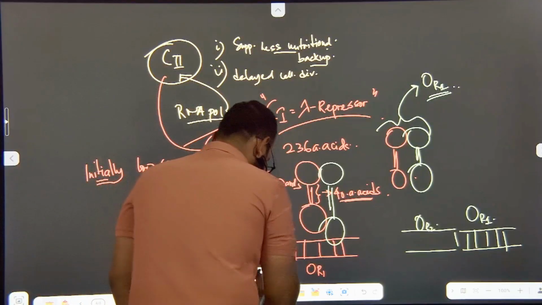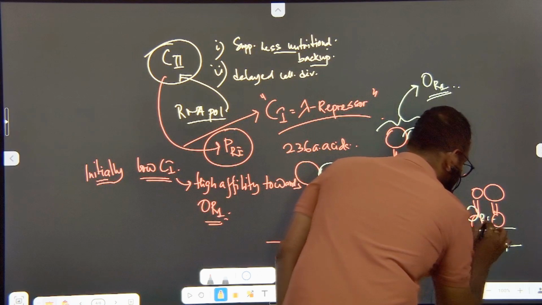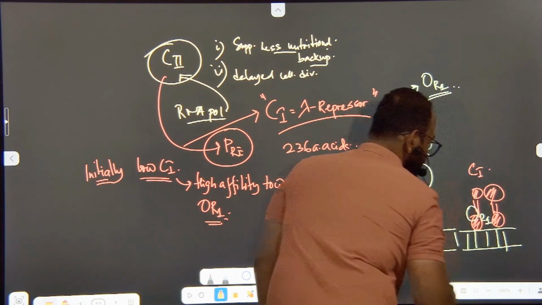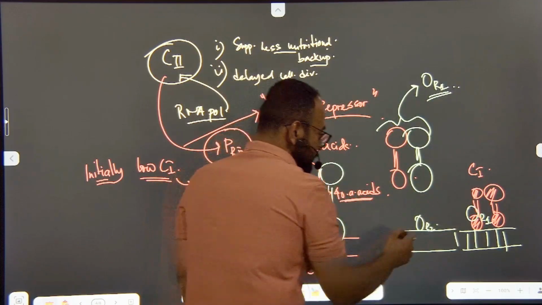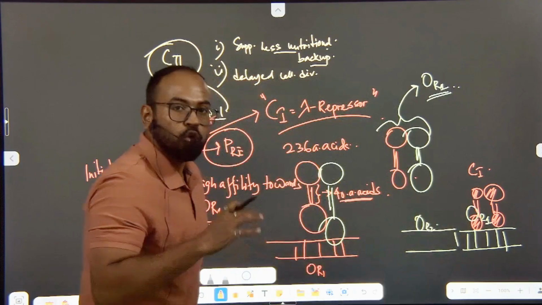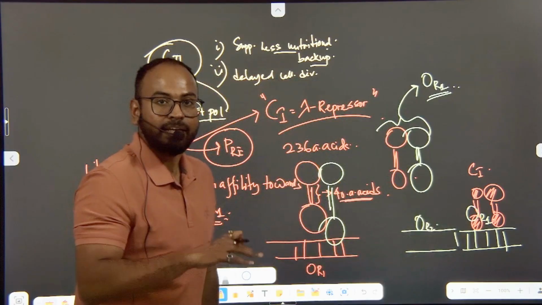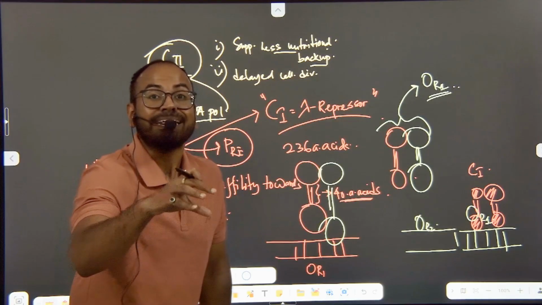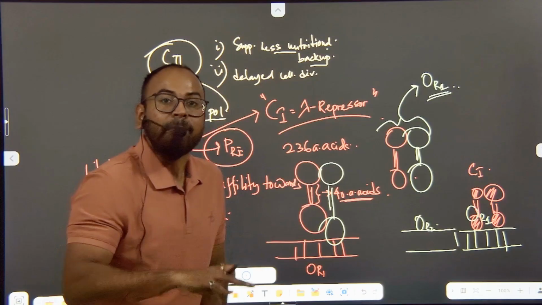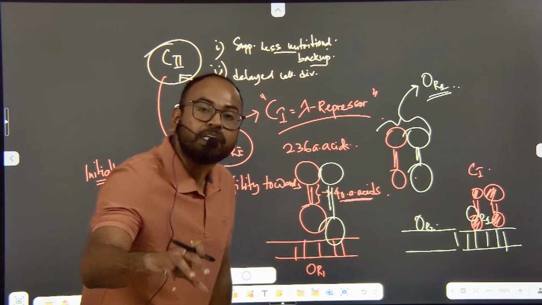OR1 is occupied by two dimers of C1. Next, the concentration increases. Though the OR2 region doesn't have that much affinity for C1, as the C1 concentration is high compared to normal, it will eventually bind with the OR2 region as well.